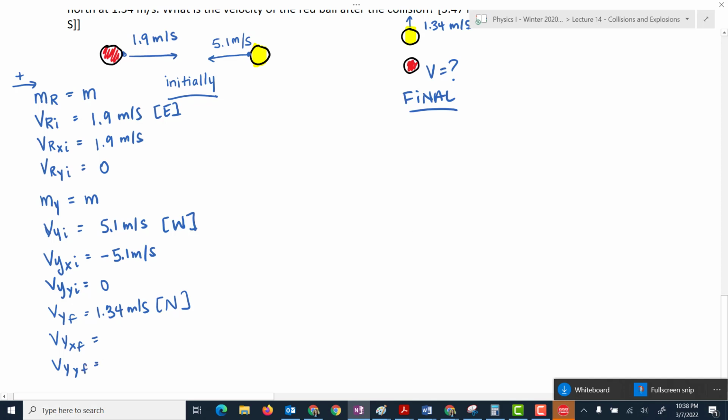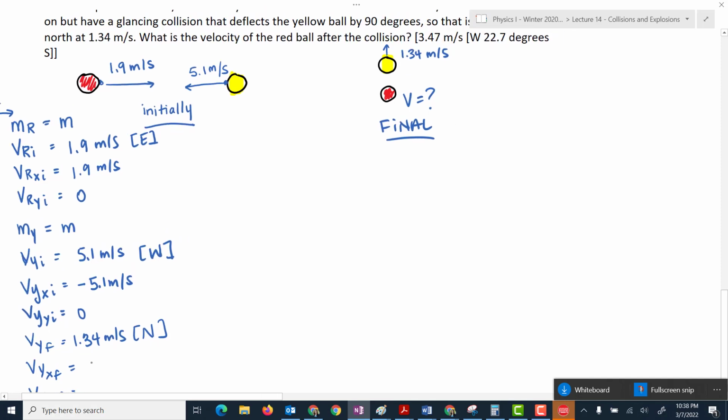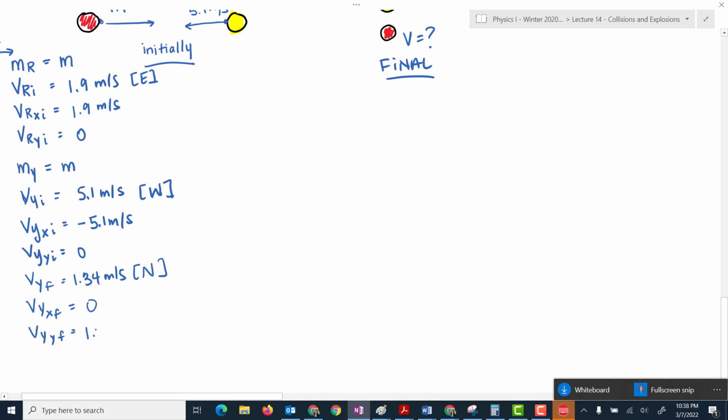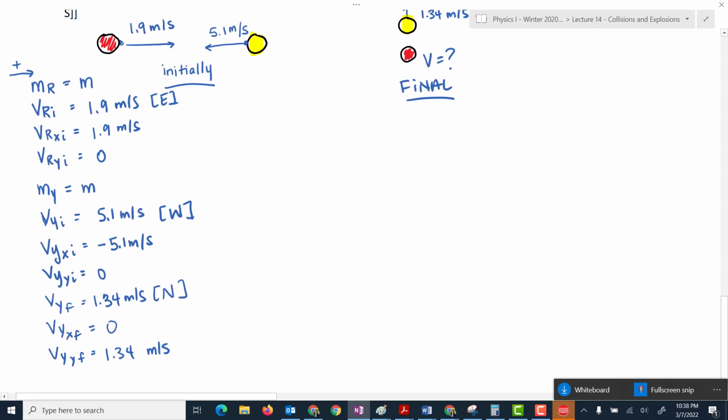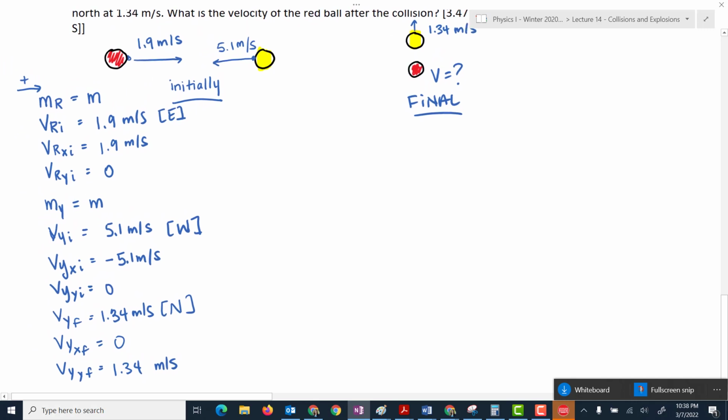In the x direction it would be 0 because it's going north, and in the y direction it would just be positive 1.34 meters per second because it's going north, so it's positive. Now that we have all of that, we're trying to find the velocity of the red ball in the x and y direction so we can put it together and find the total velocity, or the resultant.